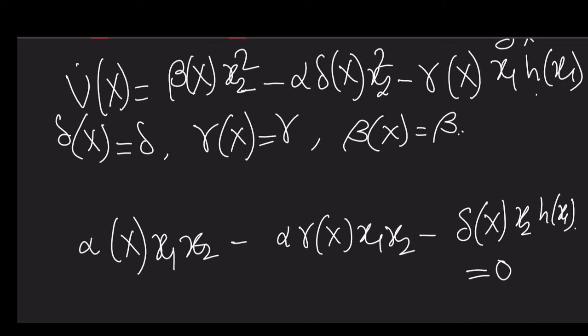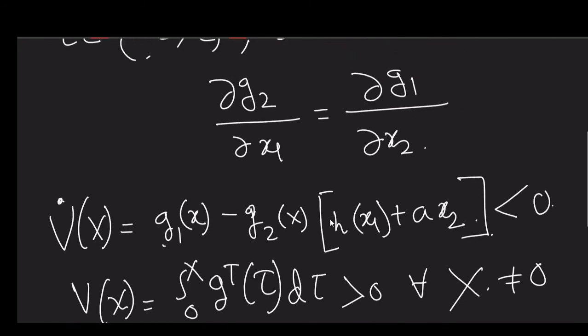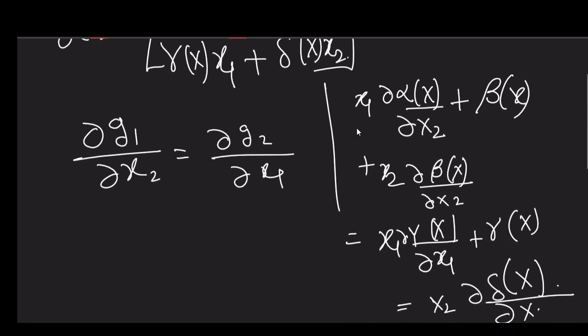Now what we can do further is this. If we are interested in ensuring that alpha x depends only on x1, then we require symmetry.